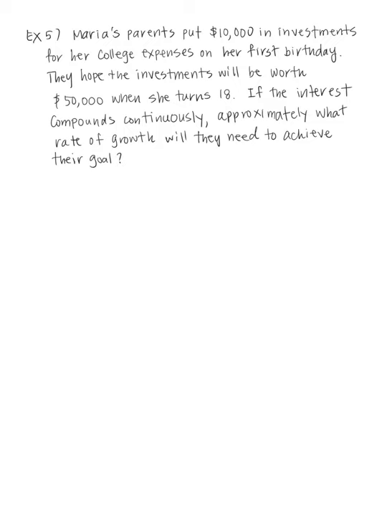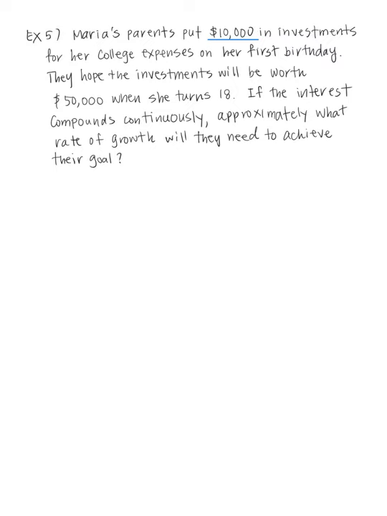All right, so let's first underline what's important. What information are we given? First of all, Maria's parents put down $10,000 in investments. So this is the amount that they put down first, which is nothing but our principal.